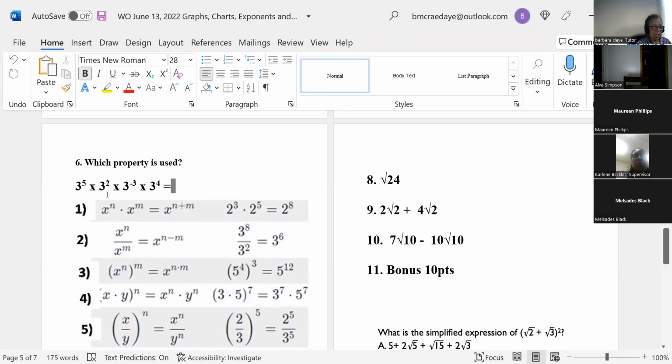3 to the 5th times 3 to the 2nd times 3 to the minus 3 times 3 to the 4th. Remember, exponents can be negative, positive, or 0. Now, what kind of operation is this, Alva? Addition, subtraction, multiplication, or division?